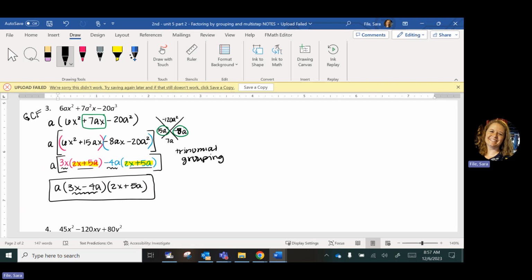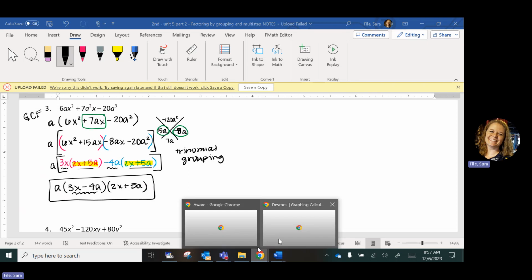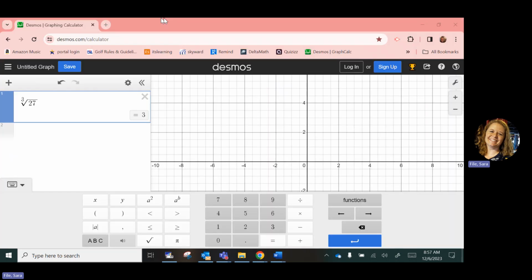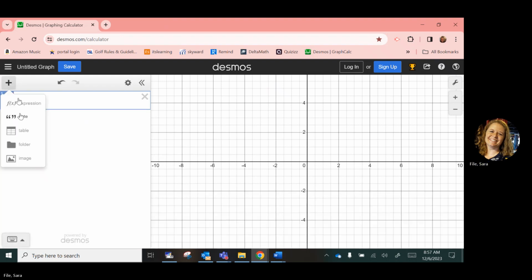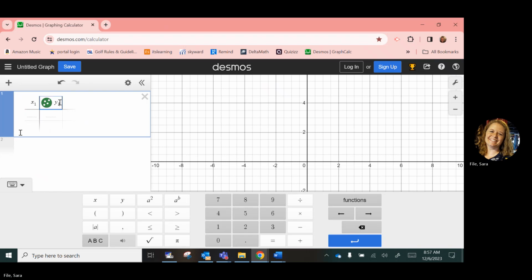I'm going to show you one more time in Desmos, if you're like, how did you get those factors? Remember, you can use Desmos the entire test. So if you need help finding factors, you can make a table, and make the y of your table just what you want to know the factors of. I wanted to know the factors of negative 120 and put it over that x1.